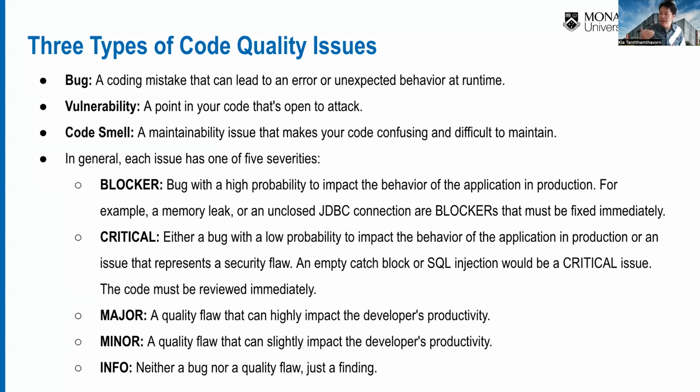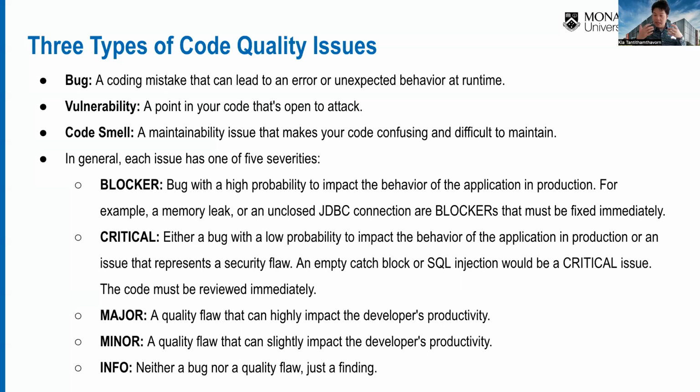And critical also has an impact on the behavior of the application. An example could be SQL injection. SQL injection is a type of vulnerability, and it is quite critical because someone can hack into the system. Why is it not a blocker?